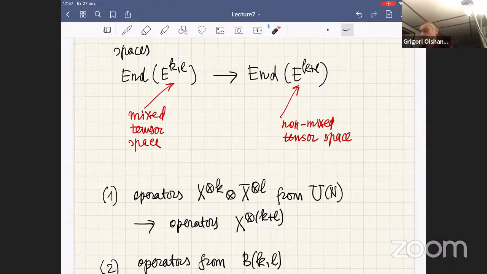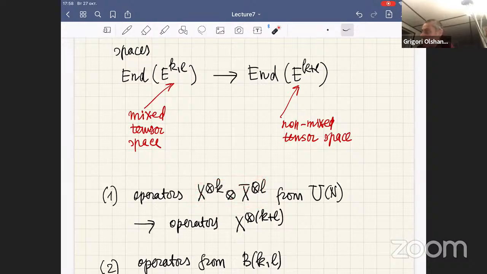And what happens? We have to verify this more closely. If you have some matrix X, maybe I should write G as before, which is a unitary matrix, it acts initially as this tensor product of some copies of X and X bar.